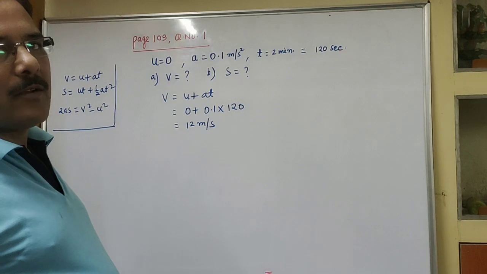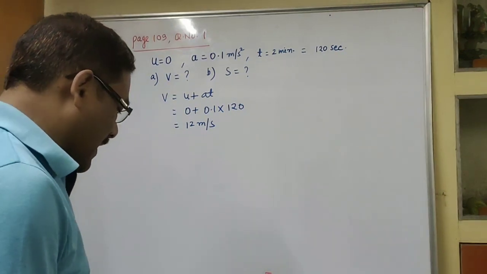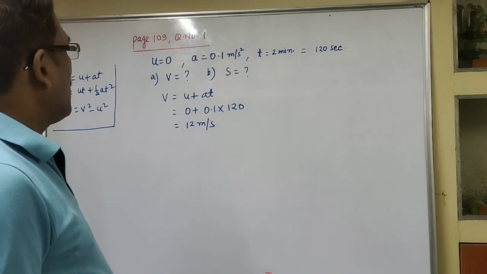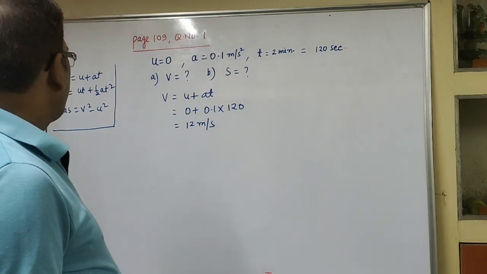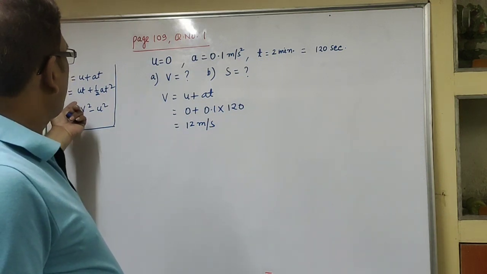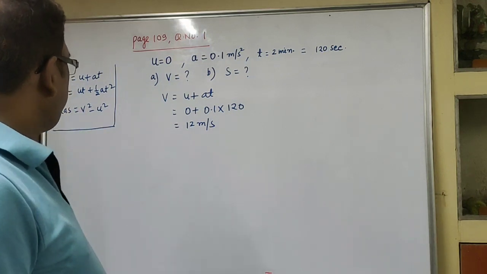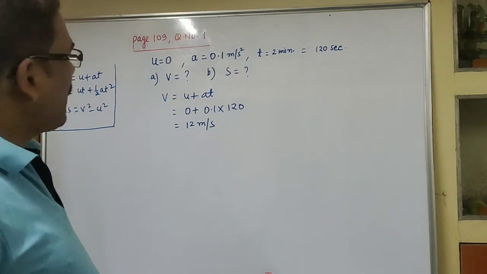Then what you have to calculate? How much distance it has traveled. For distance, acceleration is given, so you can use the second equation of motion. You can also use the third equation of motion. It's up to you, you can use either of these two.